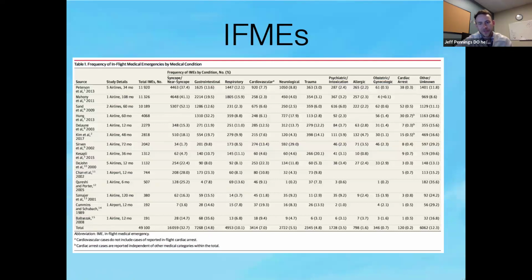If they were not given, it was diverted 5.4% of the time, with a p-value of less than 0.05. So the takeaway is that if you have a patient having any sort of GI distress or nausea, the first thing you want to do is give them Zofran or Phenergan, get that nausea under control, and give them a little bit of fluids. But yeah, just an interesting stat from that article.